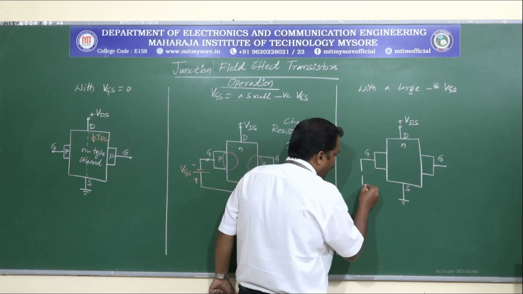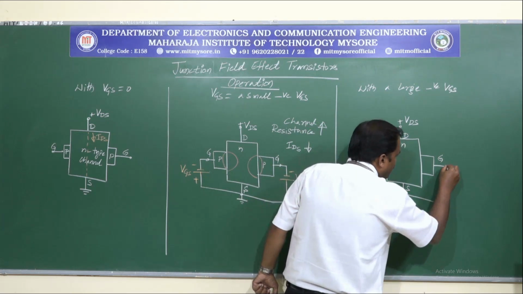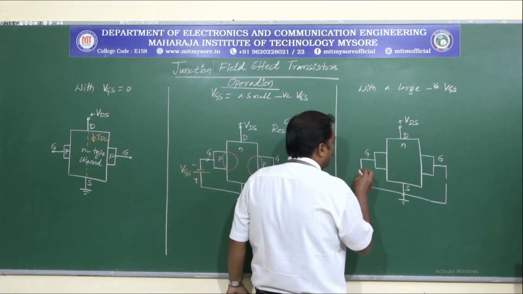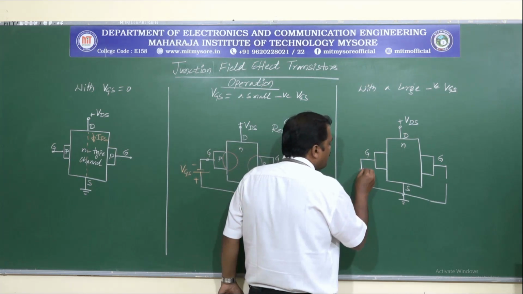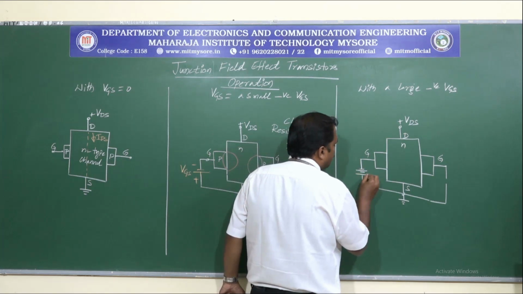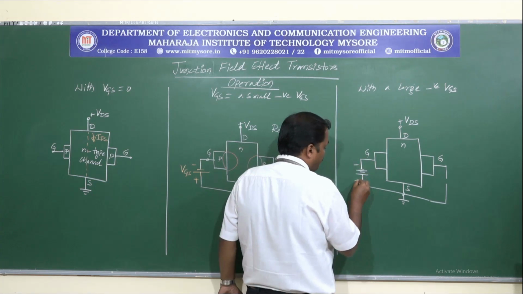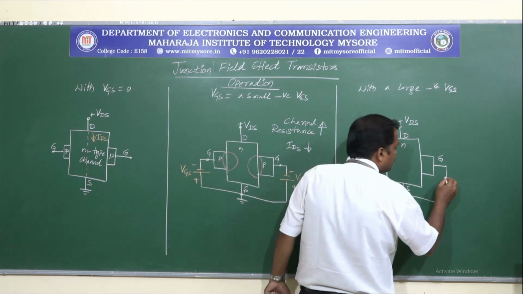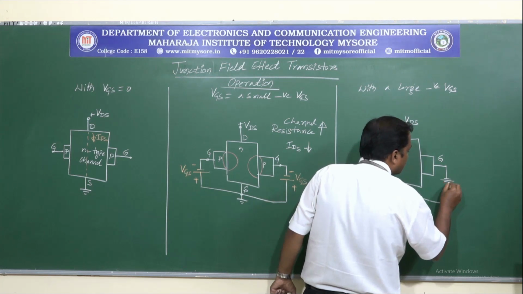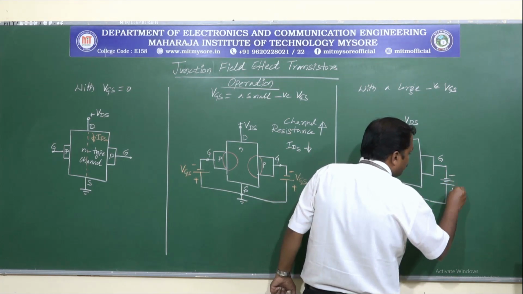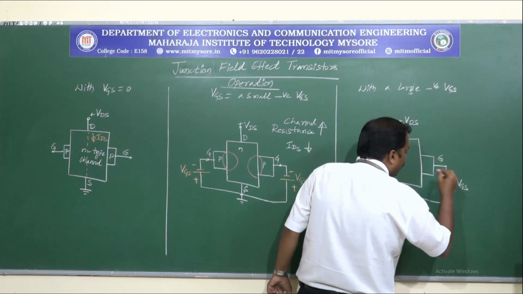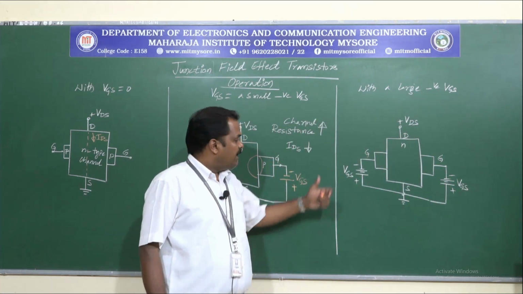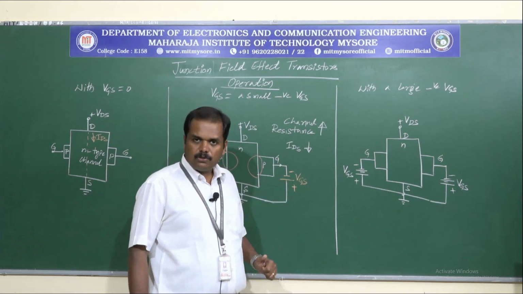And here we have supply voltages connected. So what we'll do is, let us make the gate more negative. So this is VGS. Here also we have more negative voltage connected at the gate terminal with respect to source.